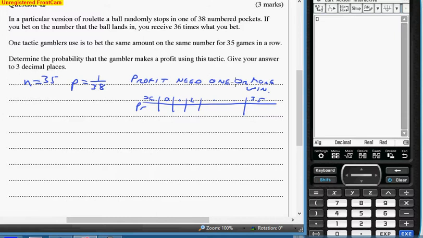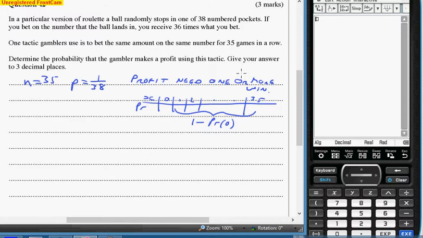We're actually interested in needing 1 or more, so we're interested in the probabilities of this lot. That is 1 minus the probability of getting 0, because they all add up to 1. And it's that idea that we're going to use here. Sometimes you might have seen the words probability of at least 1, which is another way of saying 1 or more.